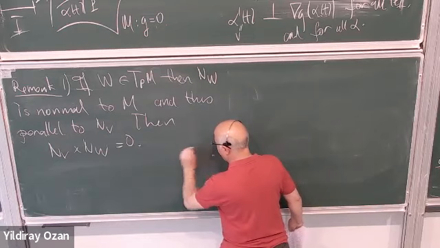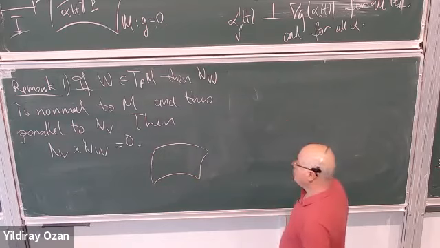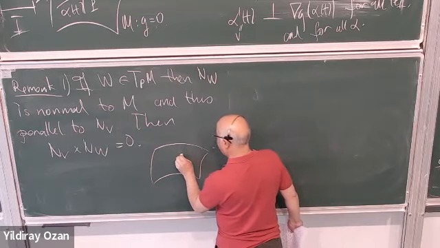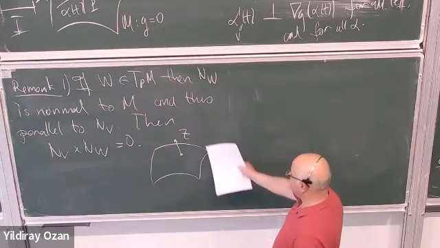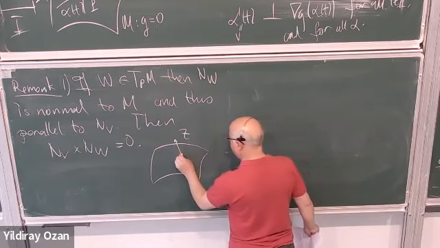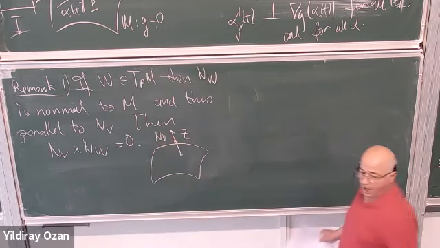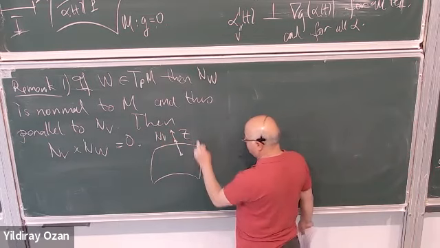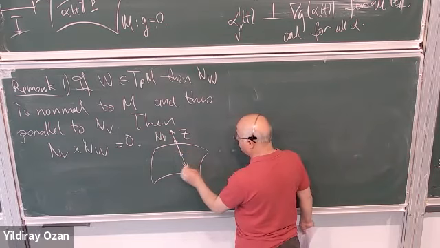Okay, let me draw you a picture. I had this surface, and I have this normal vector field Z, and V is a scalar multiple of this, right? And V is something like this. What about NW? NW is another vector parallel to Z. So NW could be like this or could be in the other direction.